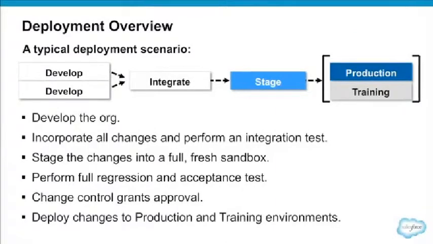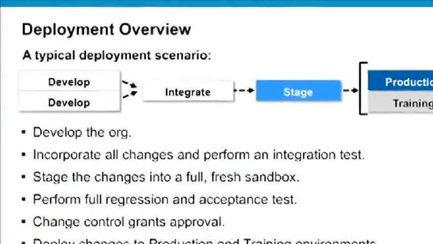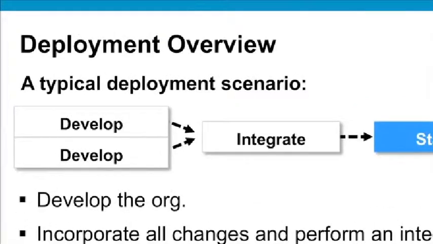So here is a sample of a number of sandboxes, and then these indicate a process that would occur in order to get changes into those production environments. Over on the left-hand side, we have a couple of developer sandboxes. So we have maybe a couple of developers or a couple of teams of developers.